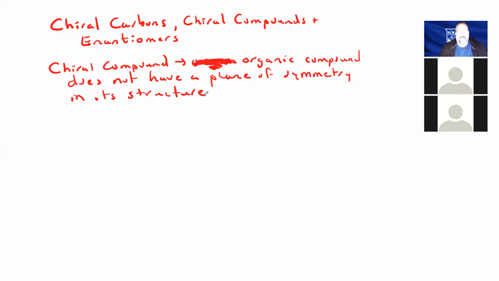So what essentially is a plane of symmetry? A plane of symmetry is a plane that would cut through the compound, its structure, so that the two halves produced would be mirror images of each other. If your organic compound in any form of its structure does not have a plane of symmetry, then the organic compound is deemed to be chiral.